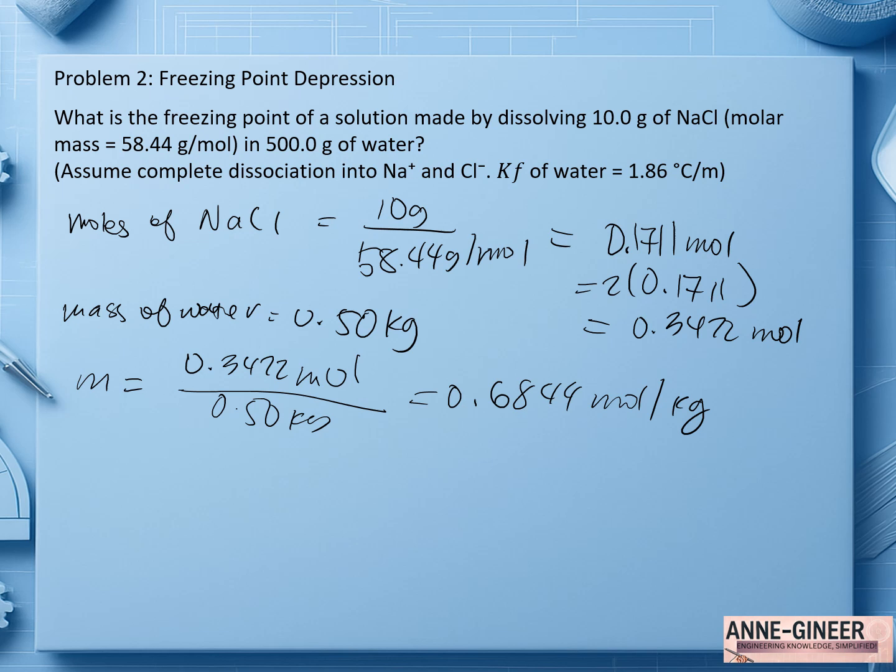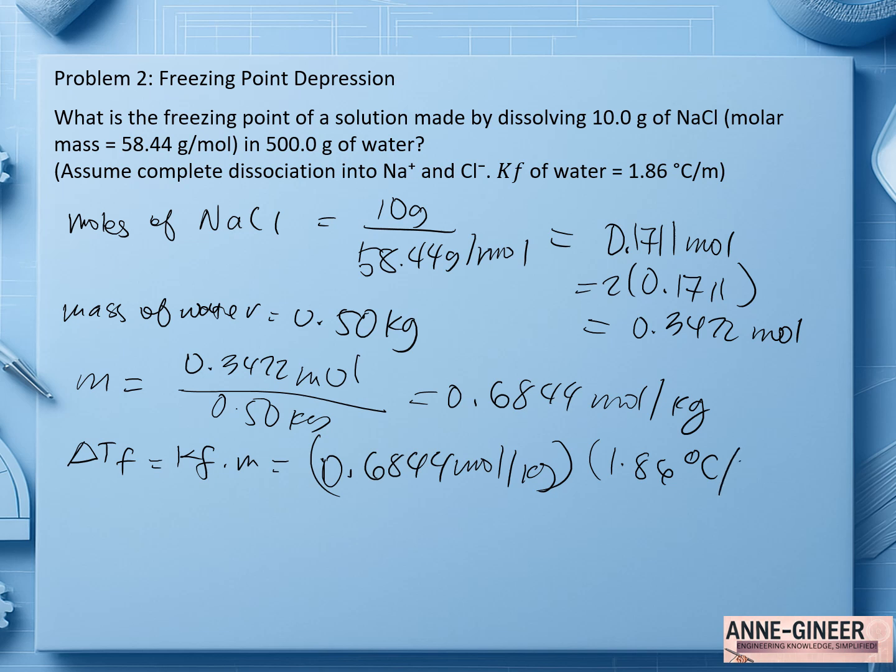So the freezing point depression is equal to 0.6844 times 1.86, so we have 1.273 degrees Celsius.